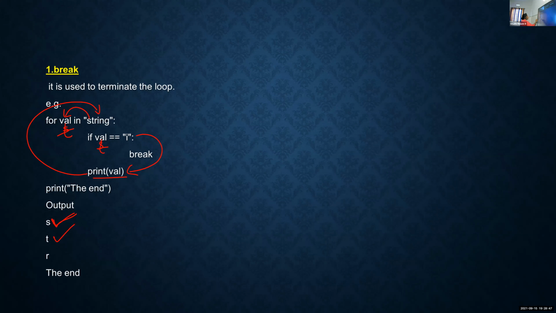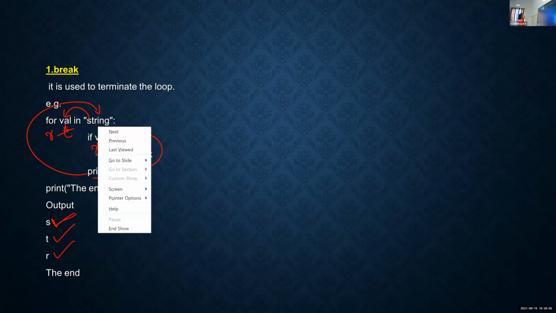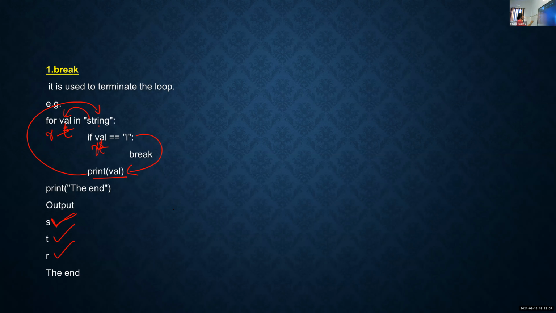Then after that, it again takes another character, that is R. Now the value of val is R. R equal to I is again false. So it will print val, that is, print R. After that, it will take the character I. Then here val is I. I equal to I is a true statement.